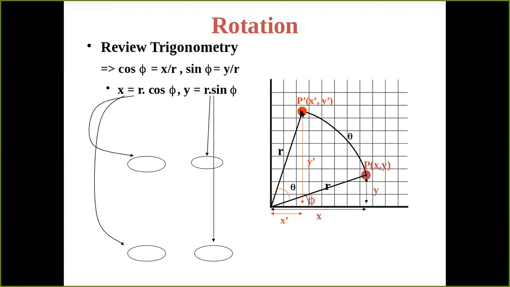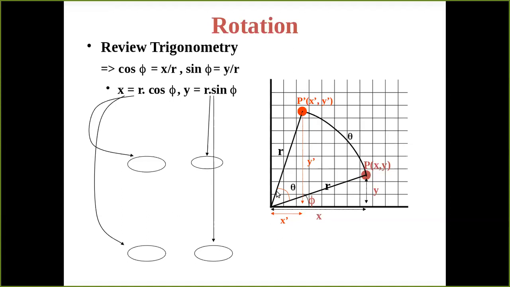After changing this angle, P will be P dash, and this r is not changed, because you are only rotating the angle, not translating. So r is the same; there is no change in r, but there is a change in x dash and y dash. If you draw the perpendicular on x, the coordinates are now x dash, y dash. And the angle is theta or theta plus phi?